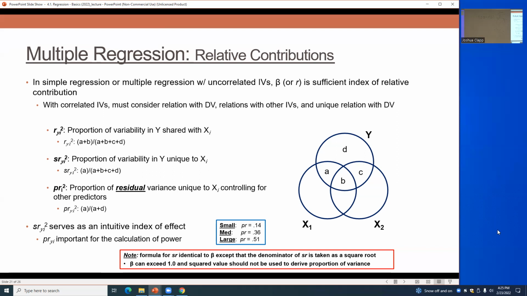What you'll see sometimes is people saying you can just use your standardized coefficient as a metric of effect size, which you can-ish, but it's an approximation. It's not as good. People will say you can square your standardized coefficient and interpret that as the proportion of total variability accounted for by this predictor. Technically that's not correct. You shouldn't do that. You can, and it's going to get you close.